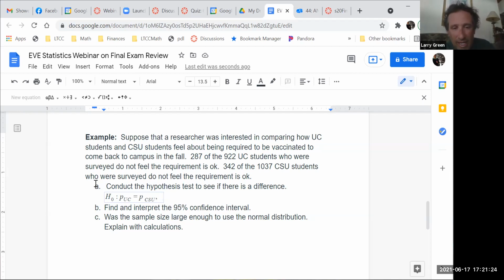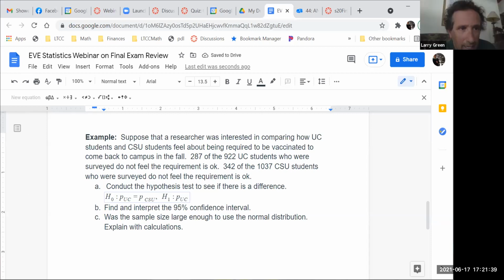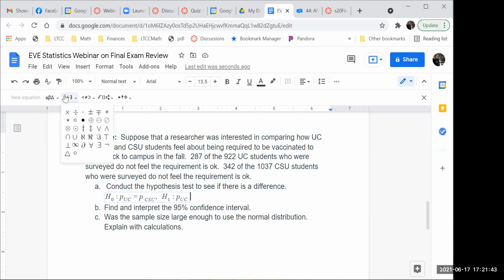Okay, and H1. In this case, would it be P sub UC does not equal P sub? Right. And the key word here is difference. Difference is a not equal to.